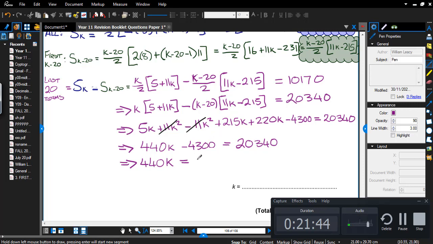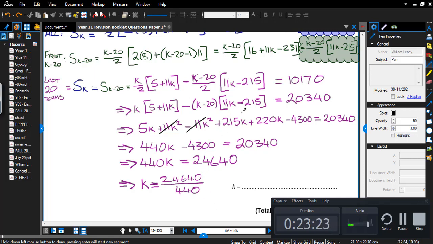When you bring it across, it's plus. So it's 24640. So you just do that. So k equals 24640 over 440. Alright, you do that on your calculator and you get your answer.